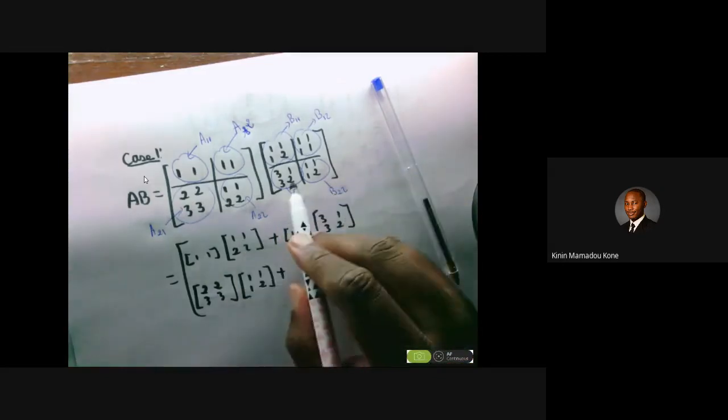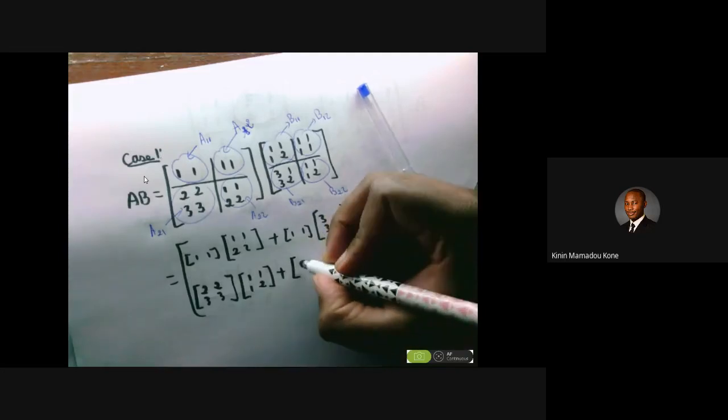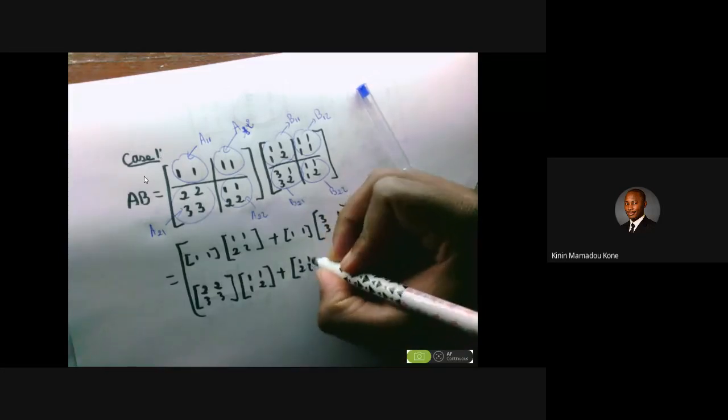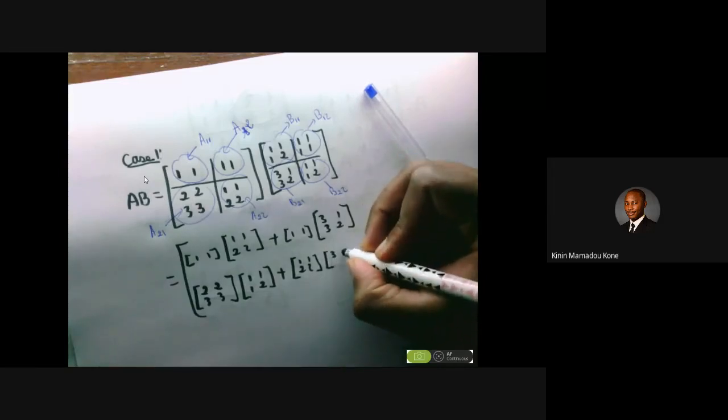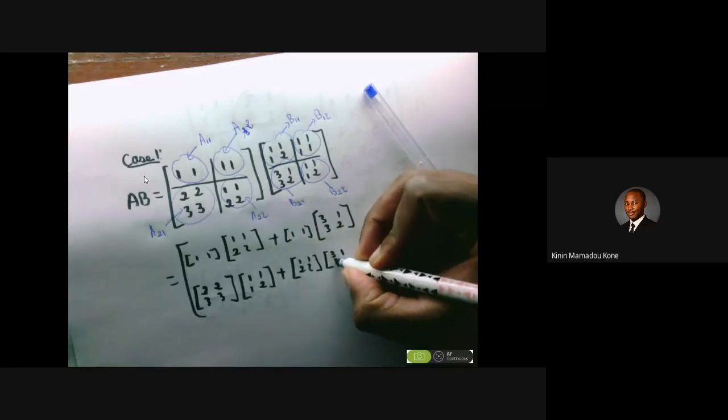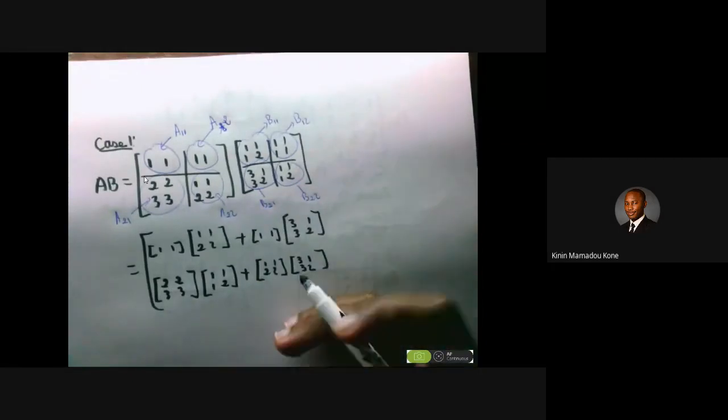This matrix over here, 2, 2, 3, 3, multiplied by 1, 1, 1, 2, plus this times this, 1, 1, 2, 2, times 3, 1, 3, 2. Okay, so that's the first block that we finished.